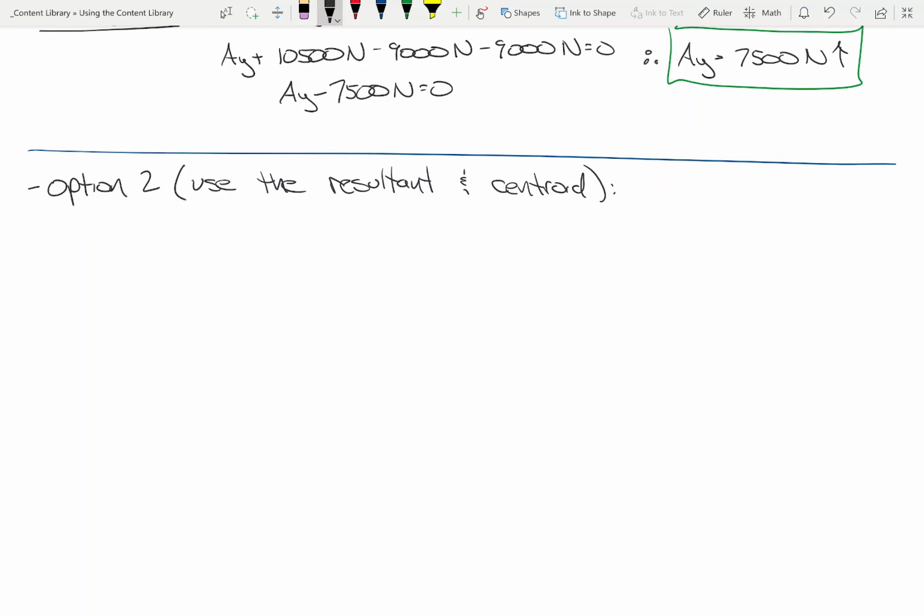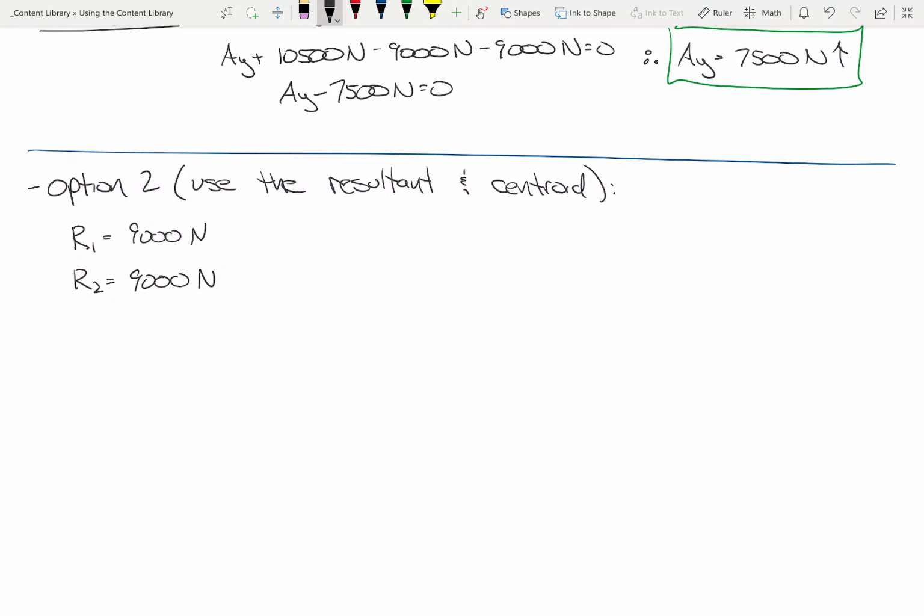Okay, so let me explain what that means. We have R1, we have R2. They're both 9,000 newtons.